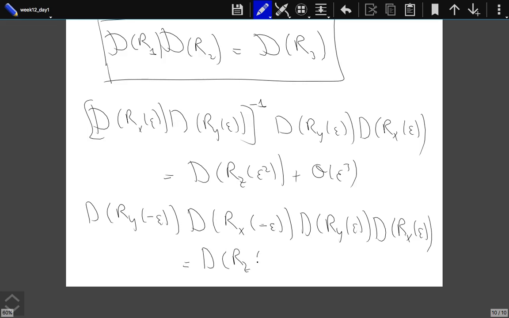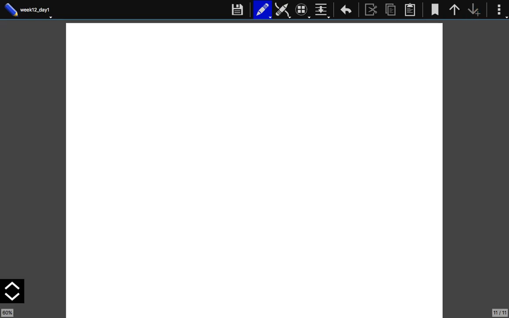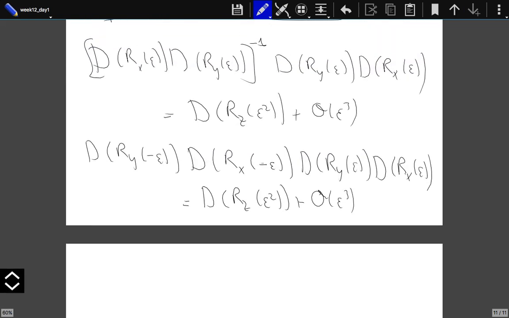As long as they satisfy them, they just give me how the components of a vector should change under rotations. I don't need to take any explicit form for these j's. As long as they satisfy this commutation relation, they will generate rotations.